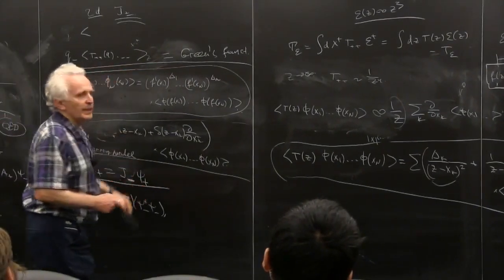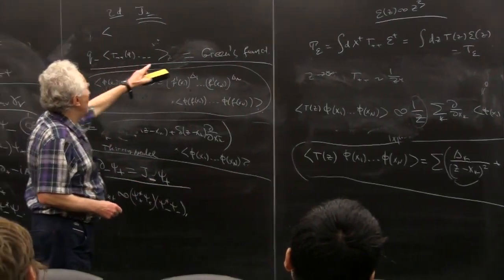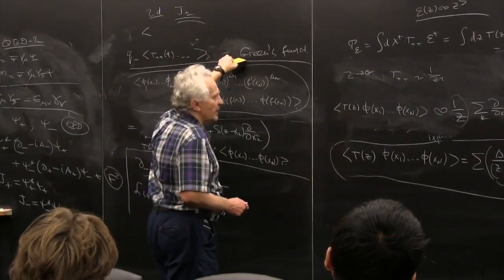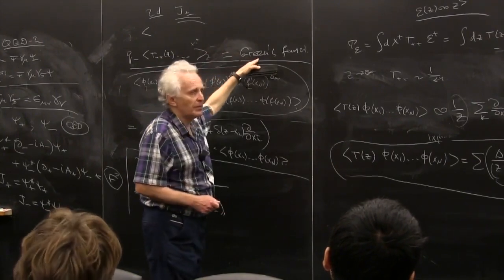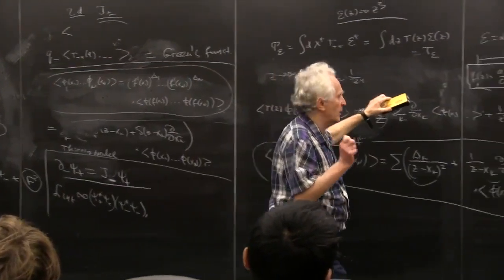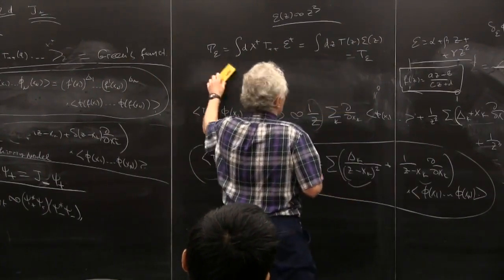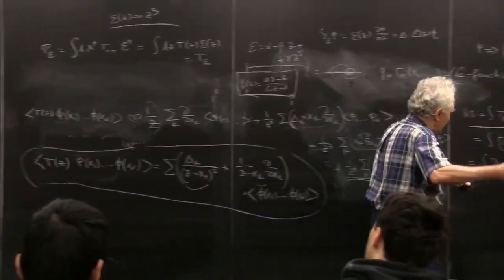let's go back to Ward identities and remember what happened. On the right hand side you have transformation of the Green function. Remember the general structure of Ward identities in any theory.